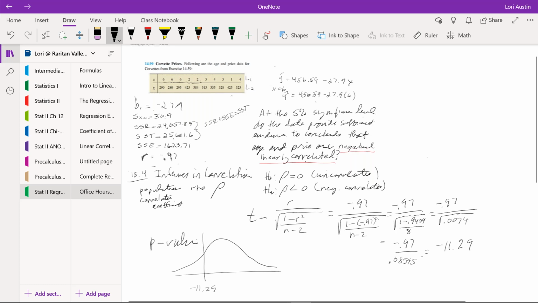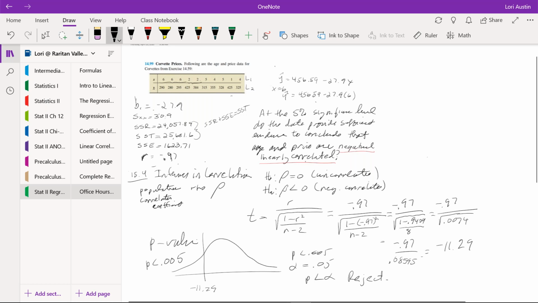We're still at 8 degrees of freedom. Clearly, negative 11 is nowhere on that t-table. It's way off the chart, which tells us that our p-value is less than 0.005. And since p is smaller than 0.005 and alpha equals 0.05, p is smaller than alpha and we would reject.